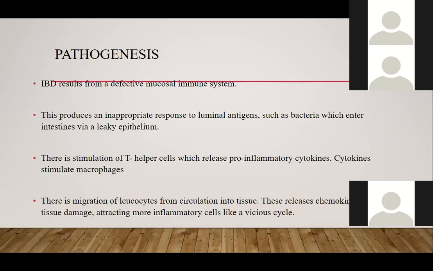So what we know is that, as we are all aware, once you go into your gastrointestinal tract, you have some form of bacteria in there. The body naturally harbours some sort of bacteria, what we call the normal flora. And sometimes you are also exposed to bacteria from outside, depending on what you eat, which gets into your GI tract.